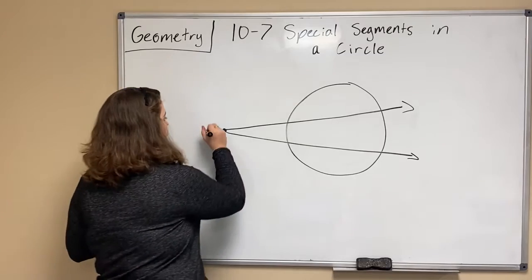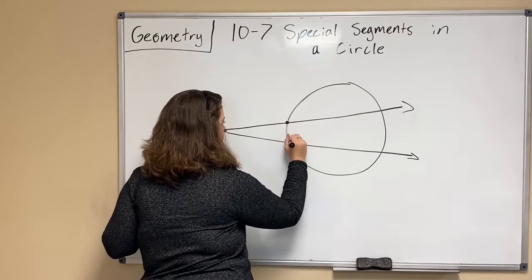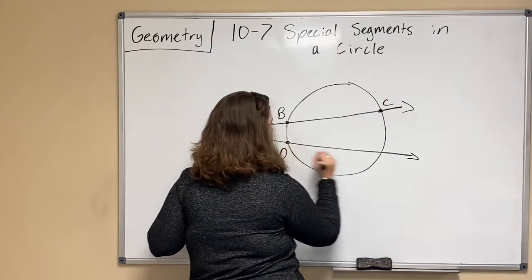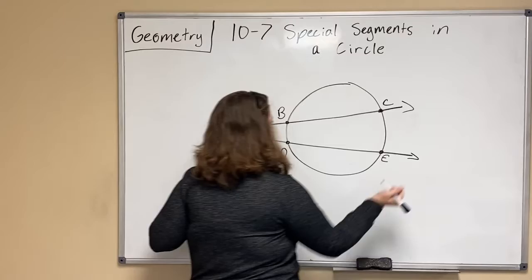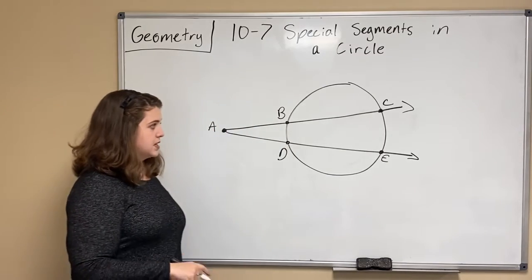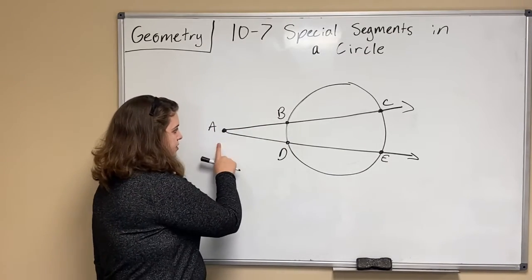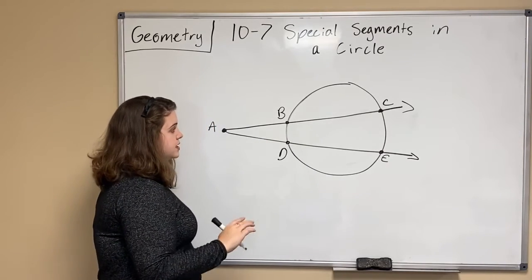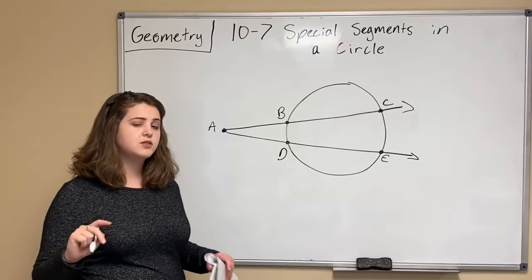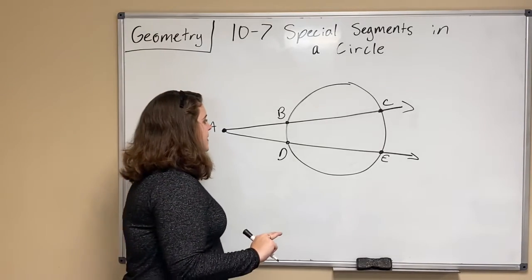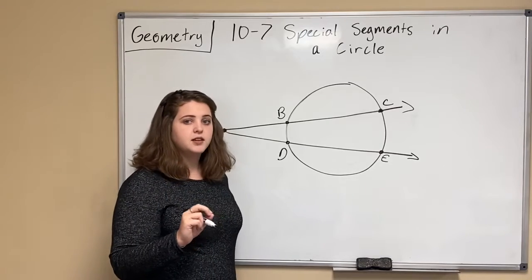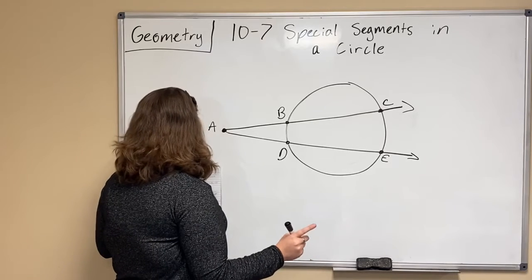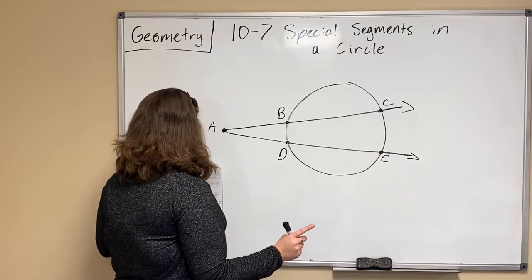Okay, so I have A, B, C, D, E. Now with secants, you see that when they intersect outside the circle, our circle is basically dividing our secant into two segments. Now the way that we do secant segments, a segment of a secant can only have one endpoint that's on the circle, if that makes sense.